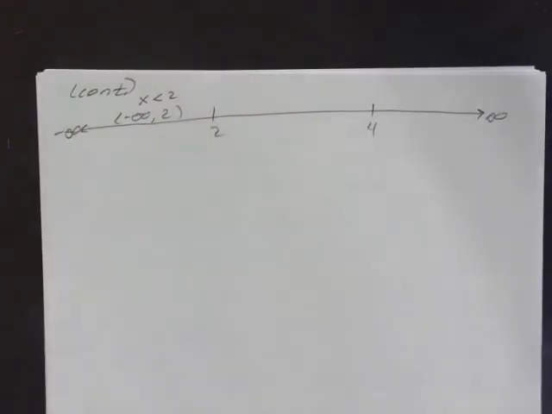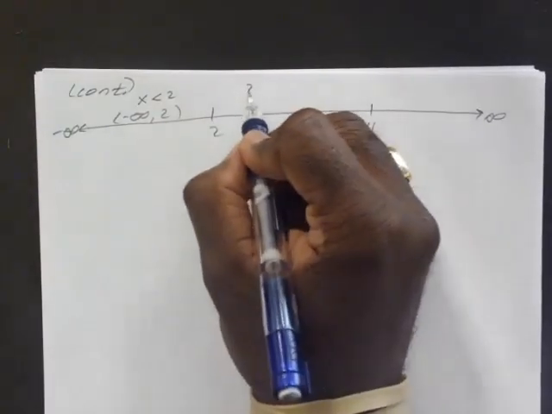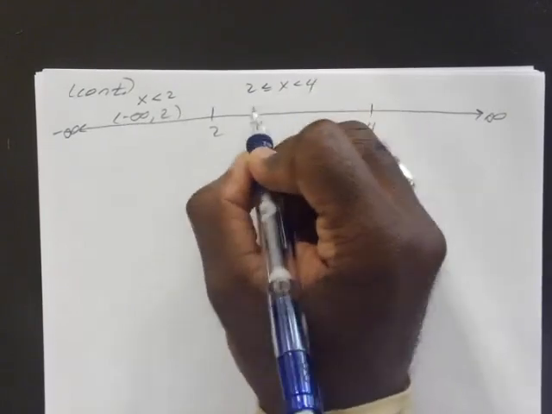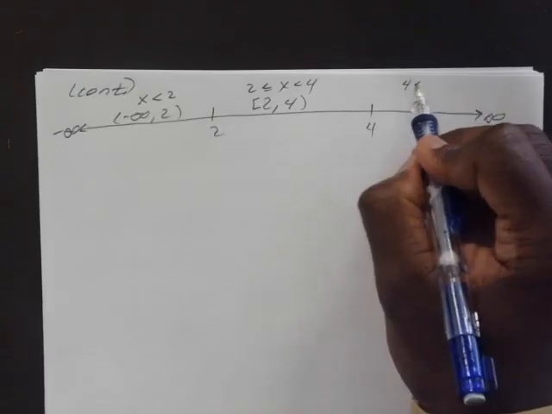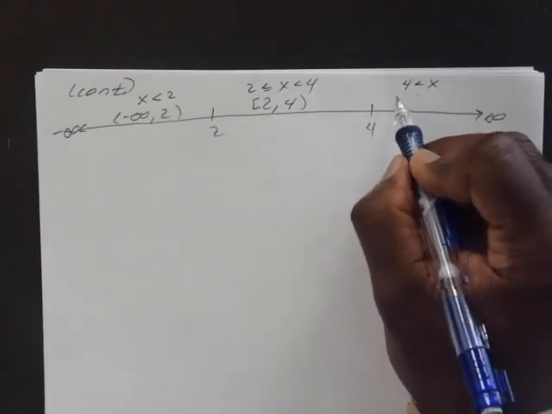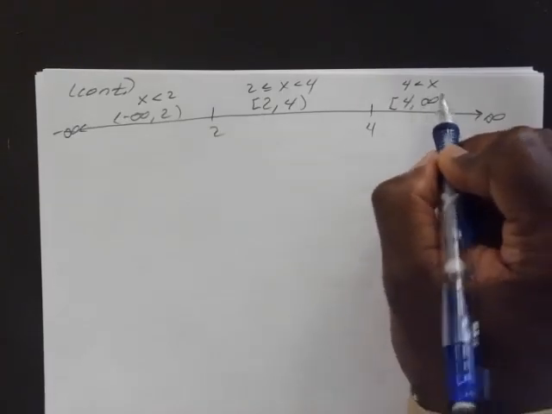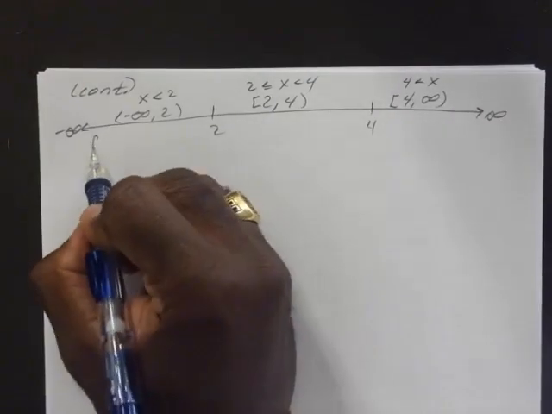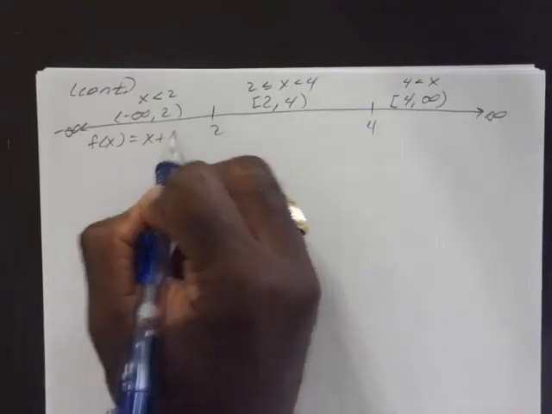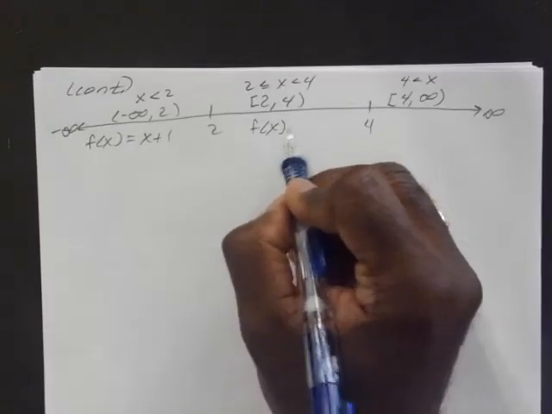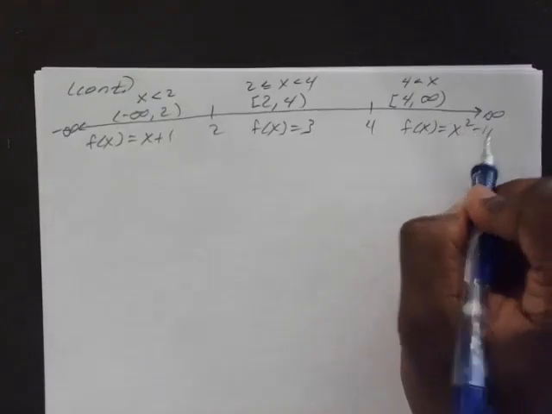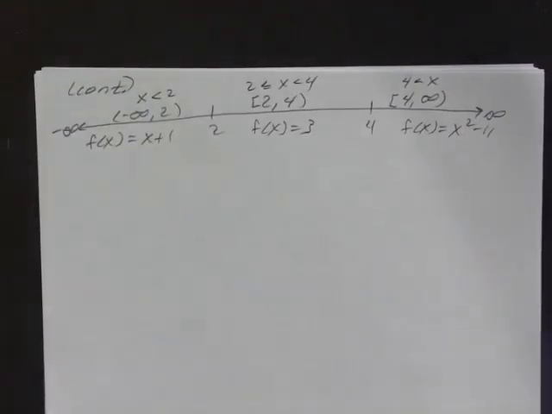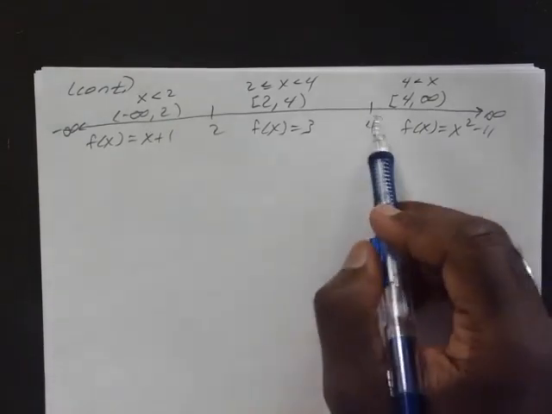I just wanted to have it all on one page. 2 less than or equal to x less than 4. And we have 4 is less than x. That gives us from 4 to infinity. So this is f of x is equal to x plus 1. f of x is equal to 3. f of x is equal to x squared minus 11. There we go. Okay, so this time we're concentrating on 4.